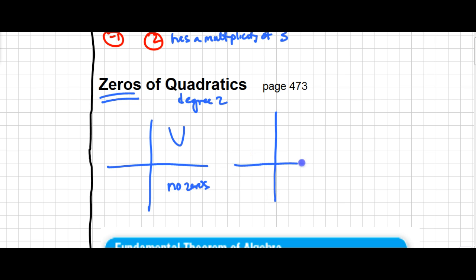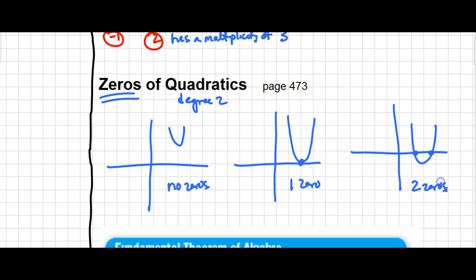There is a situation, however, where that parabola could just touch the x-axis, and so that would have 1 zero. And then the one that students are probably the most familiar with is when the parabola crosses the x-axis twice, and so that would have 2 zeros.